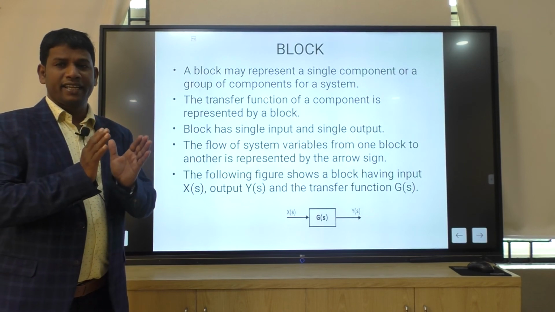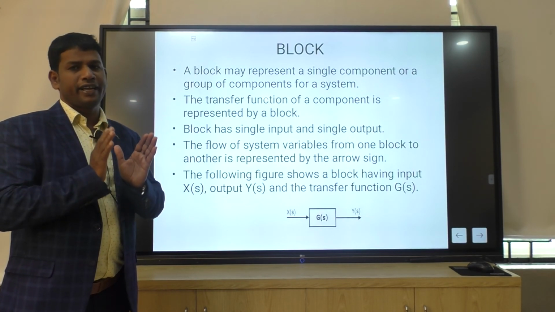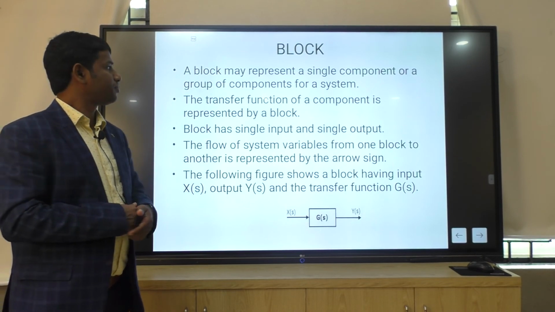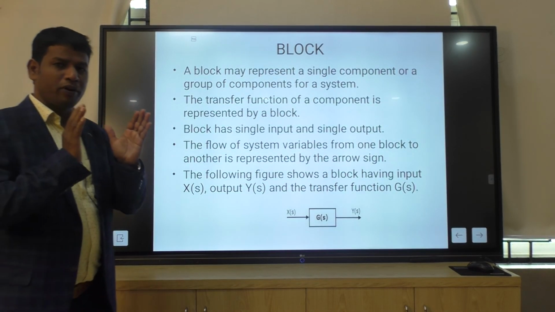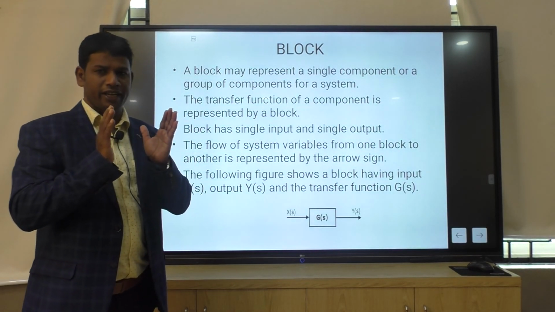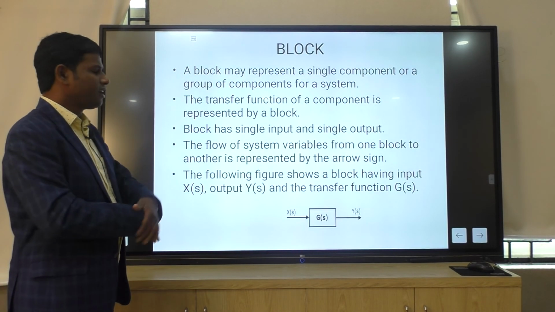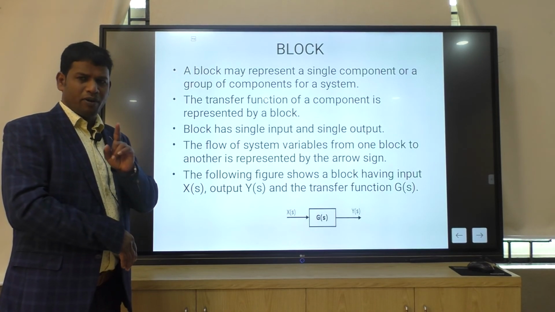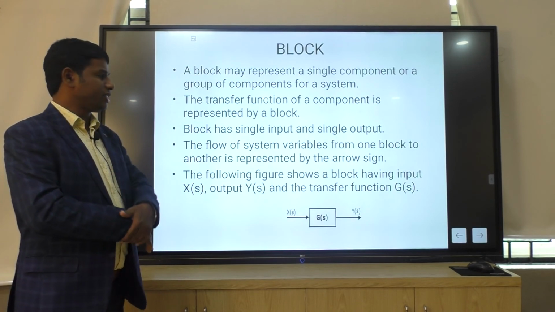Each element can be represented by a single block, and sometimes many elements can also be represented by one block. The transfer function is the main component of a block; the block must contain the transfer function of that element. Next, a block is a single line diagram. Each block must have a single input and at least a single output.